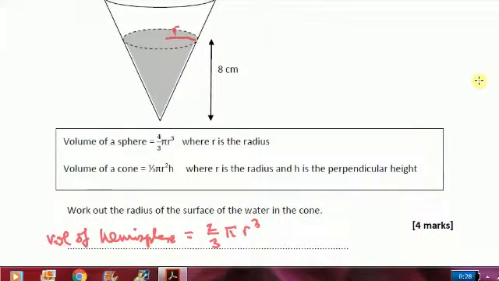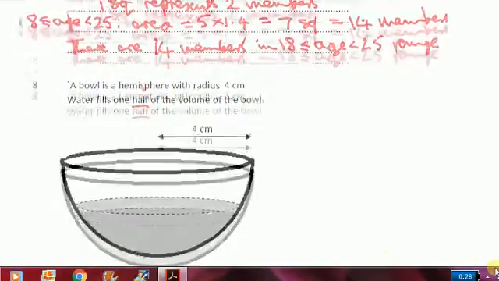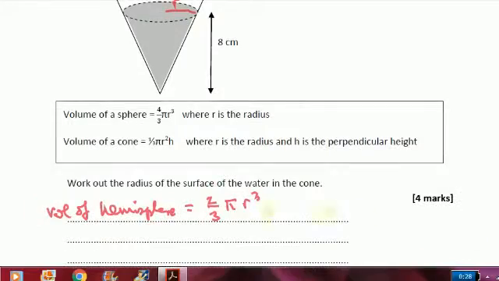That's a hemisphere, but the water is only taking up 1/2 of that volume of the hemisphere. So we've got to take 1/2 now of this expression to get the volume of water. It's going to be 1/2 of the 2/3, which is 1/3 pi r cubed.